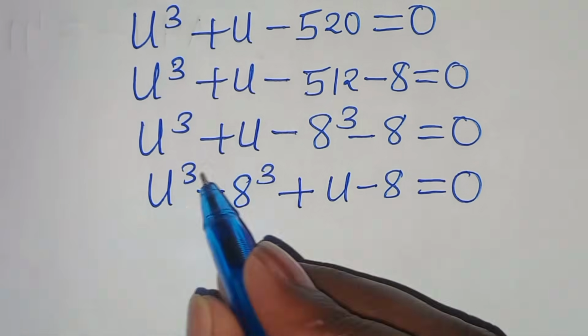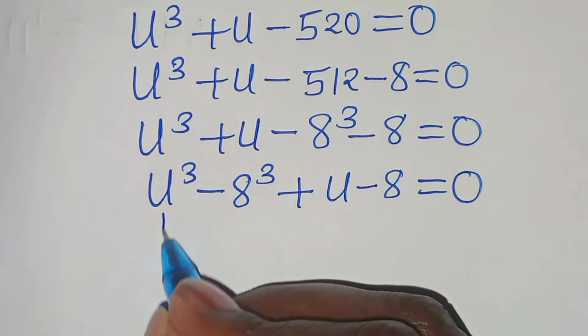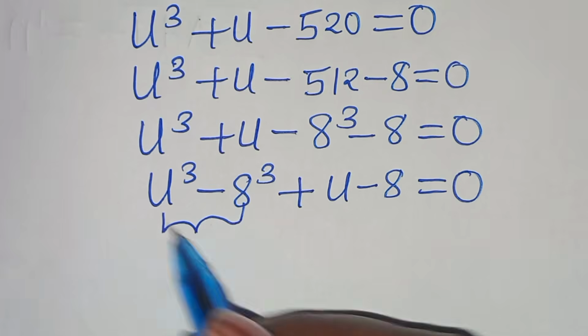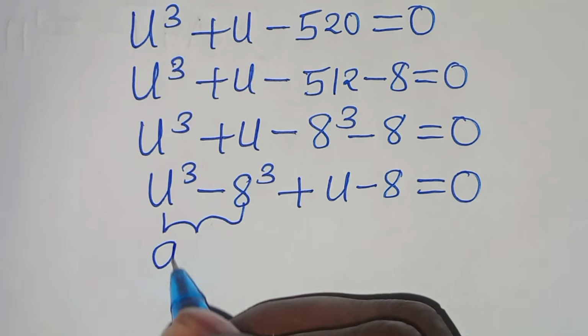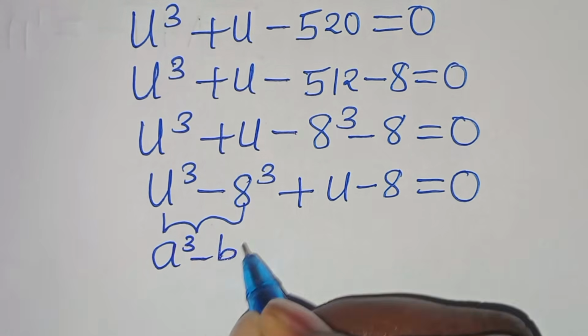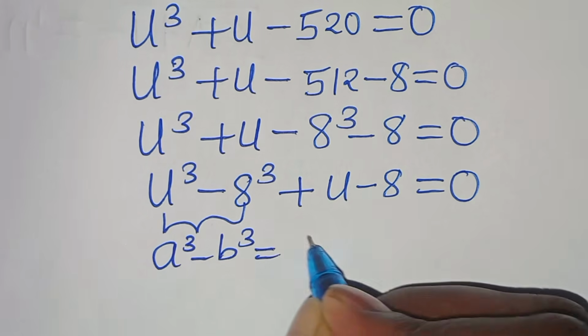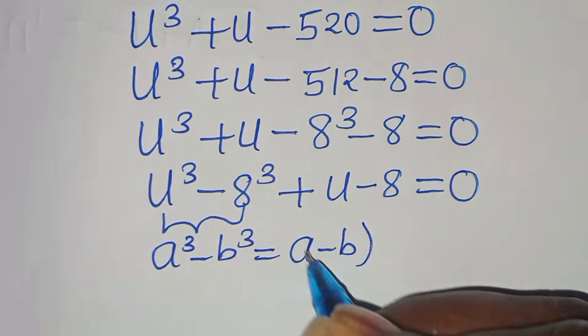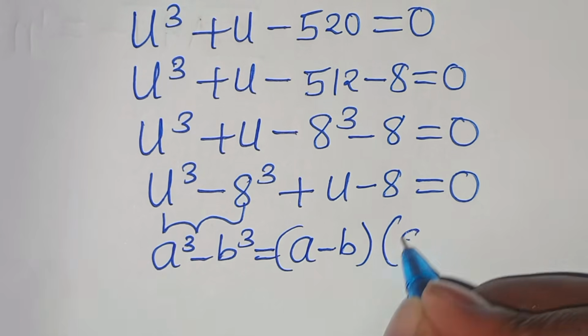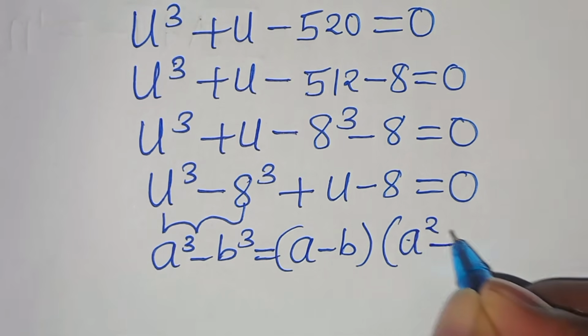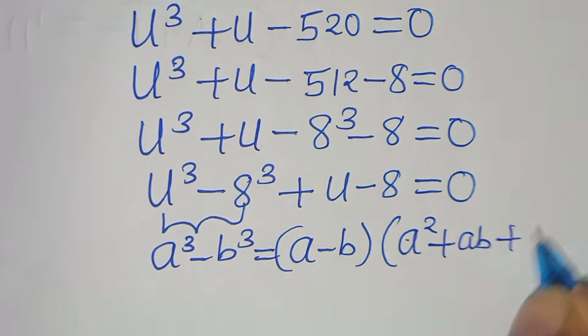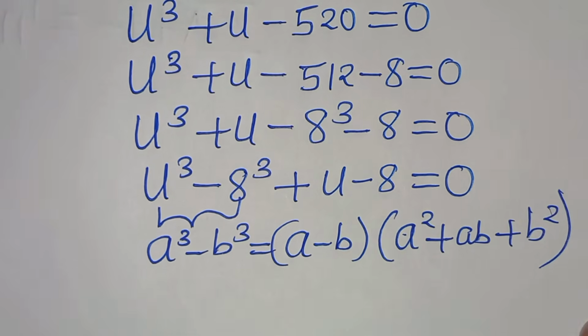So we have u^3 - 8^3. This is the difference of two cubes that we can express as a^3 - b^3, which we can express as (a - b)(a^2 + ab + b^2).